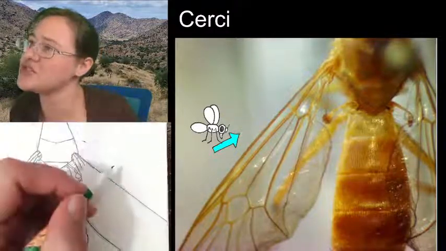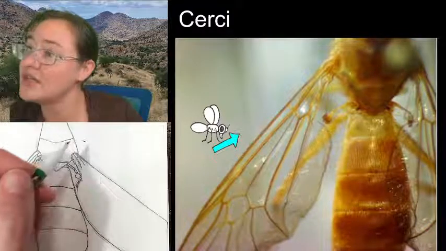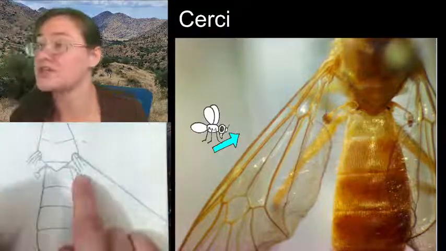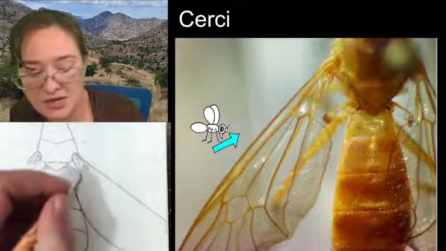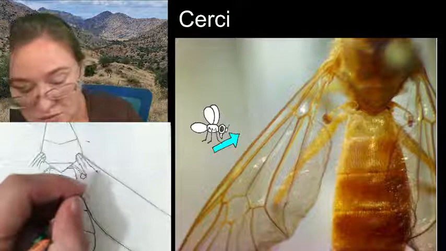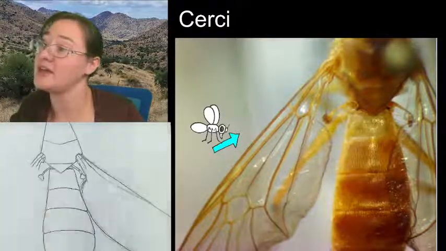Alright, so we've got our costal vein coming out. Then we need our subcosta, and that one is this one that you can see coming out of our base. It runs very near to the top, and then kind of meets back up with it.